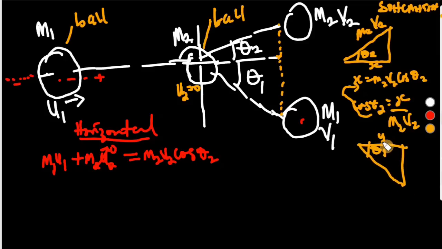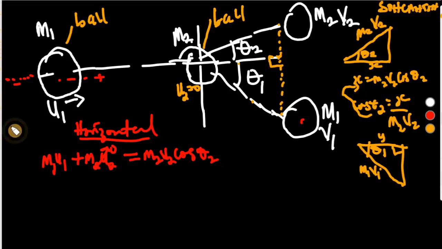This is m1v1, the hypotenuse, and this is the adjacent.